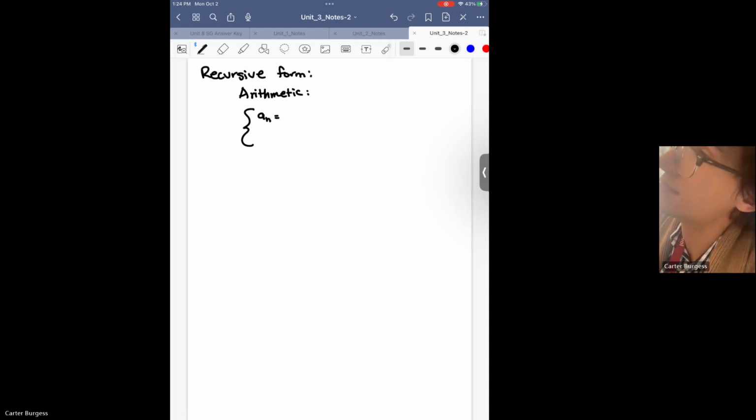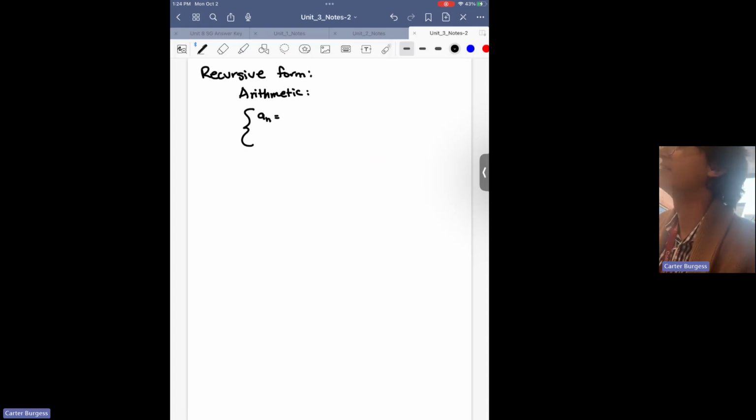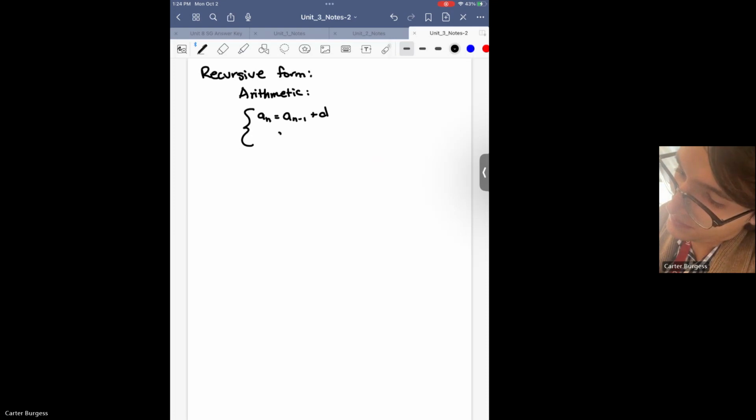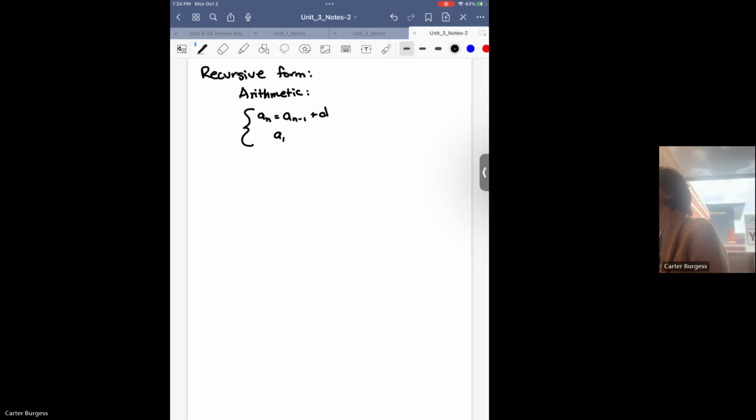Say again. So that'll be the second piece of information that we need here. But what pattern do I follow for an arithmetic sequence? It's always plus something. So a sub n minus 1 plus something. And then what else do I need on top of that recursive step? Where I start, a sub 1.